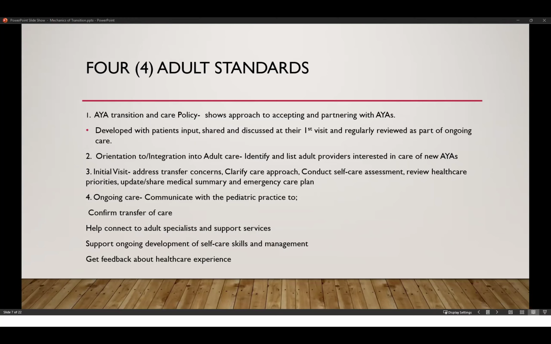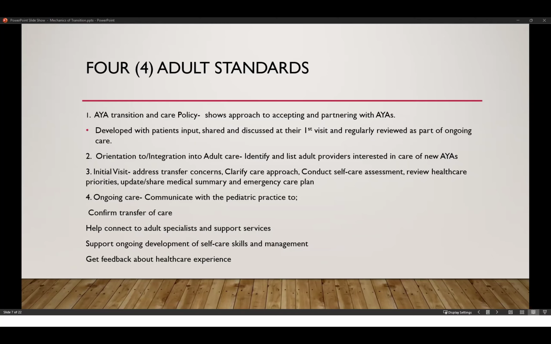For the initial visit, the guidelines tell us that we have to address their transfer concerns: what went well, what didn't, how can we do it better? And then clarify their care approach. The adult system will have to let the patient know how they care for their patients. And then you conduct a self-care assessment to see where they are in terms of their self-efficacy.